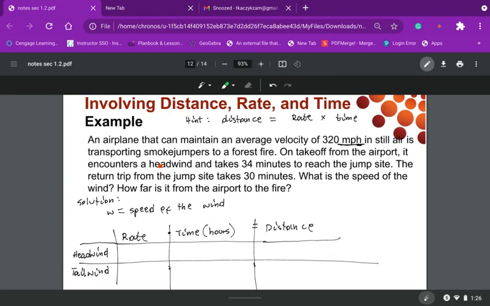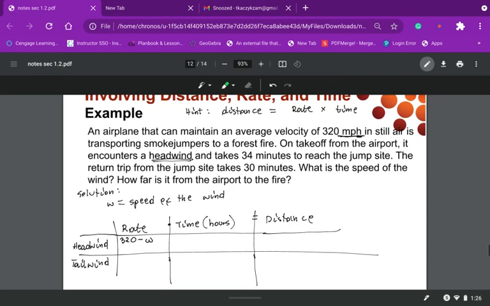So when we talk about the rate of the plane, since we're flying against the wind, I'm going to express the rate of that plane when we go against the wind as 320, that's the rate of the plane, minus the speed of the wind, which is W. Of course the airplane will have to slow down because we encounter headwind.